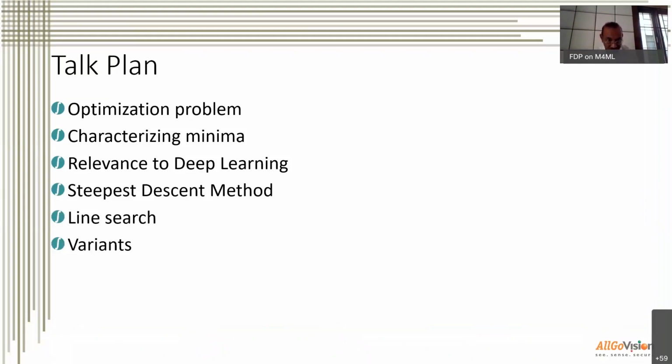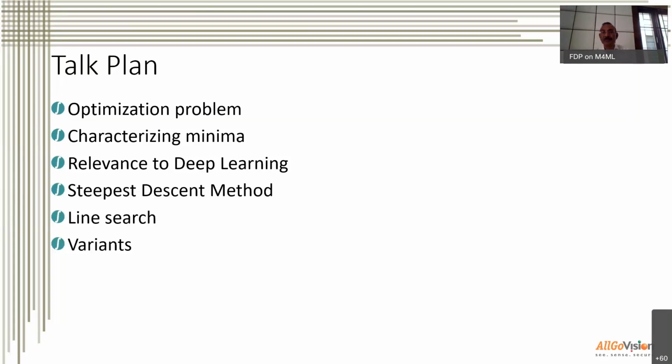We'll first introduce some simple optimization problem. Then I will introduce how to characterize minima. Then what is the relevance of optimization problems to deep learning? Then we will introduce the steepest descent method.